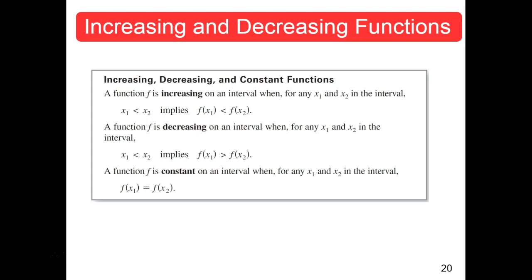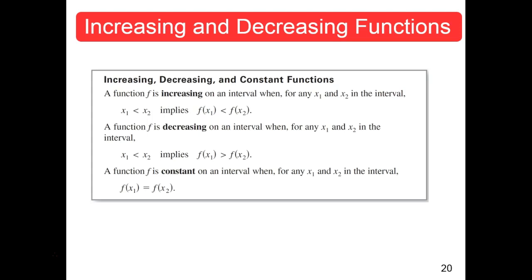Now, a function is decreasing on some interval when, for any x1 and x2 in the interval, as long as x1 is less than x2, that implies that f of x1 has got to be greater than f of x2 for this to be a decreasing function. Not greater than or equal to, greater than. Same thing up there. That's the decreasing function.